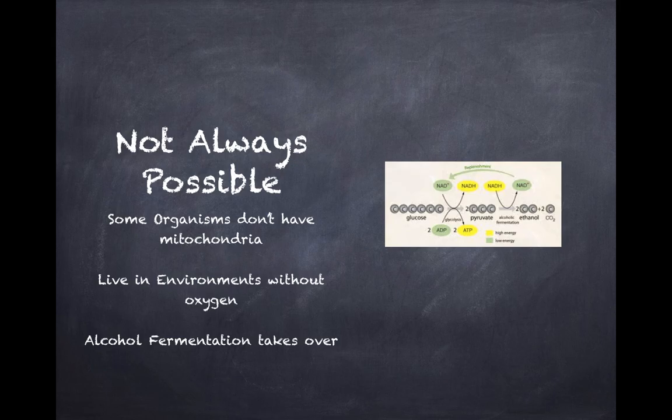There are other organisms that don't have mitochondria, or they live in environments that don't have oxygen. In this case, they are going to use a different form of fermentation, alcohol fermentation. And alcohol fermentation will take over, and now the glucose will be, through glycolysis, turned into 2 pyruvates.